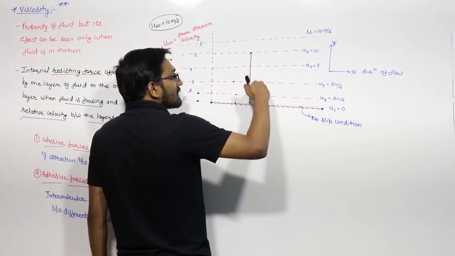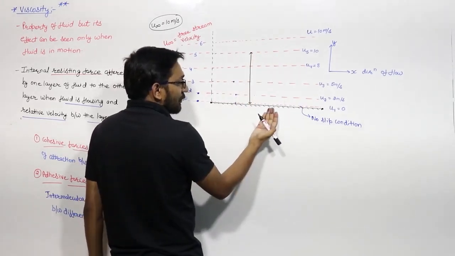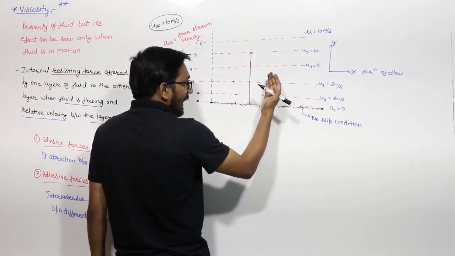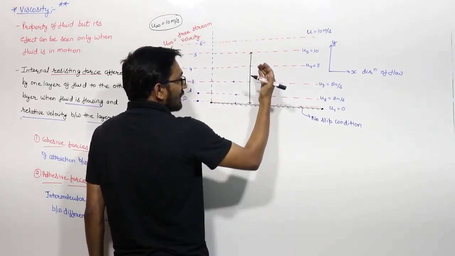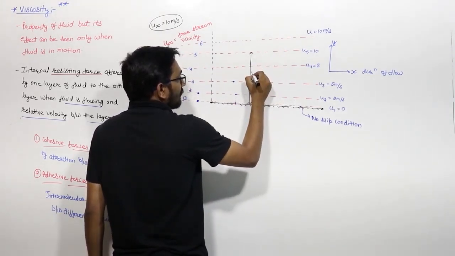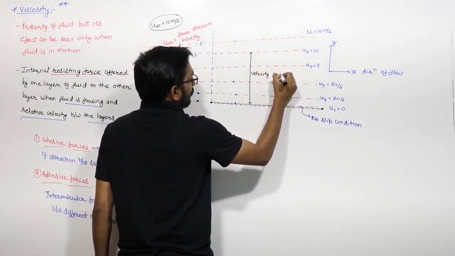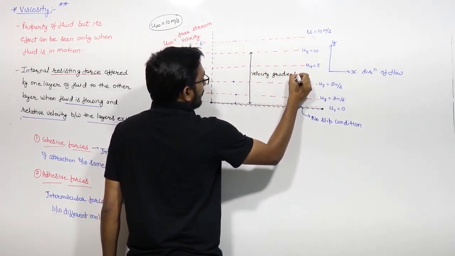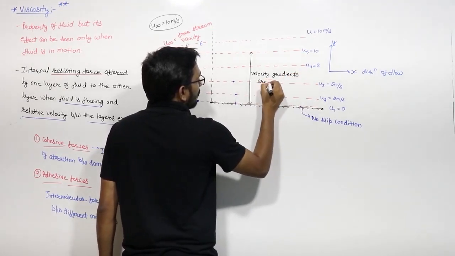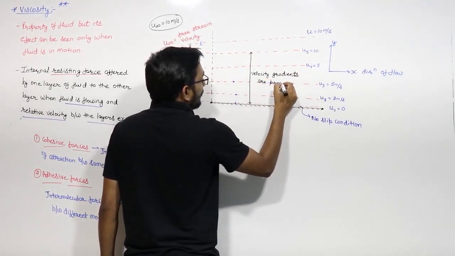With distance, if I measure y from this solid boundary, then as y increases the velocity increases. That means velocity gradients are present here.